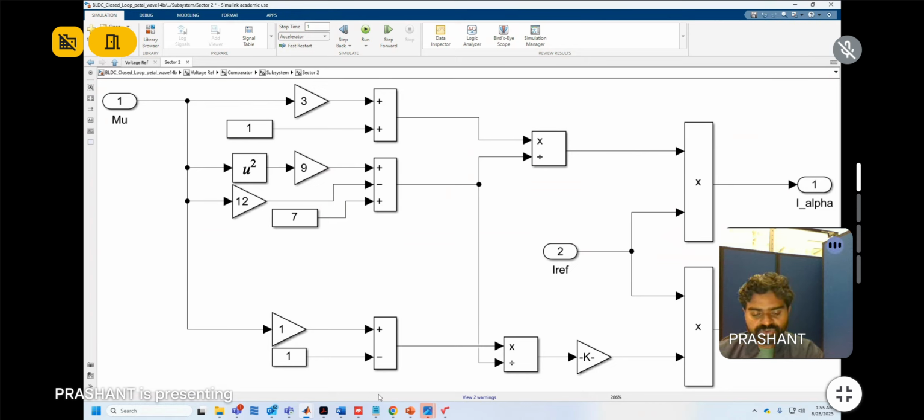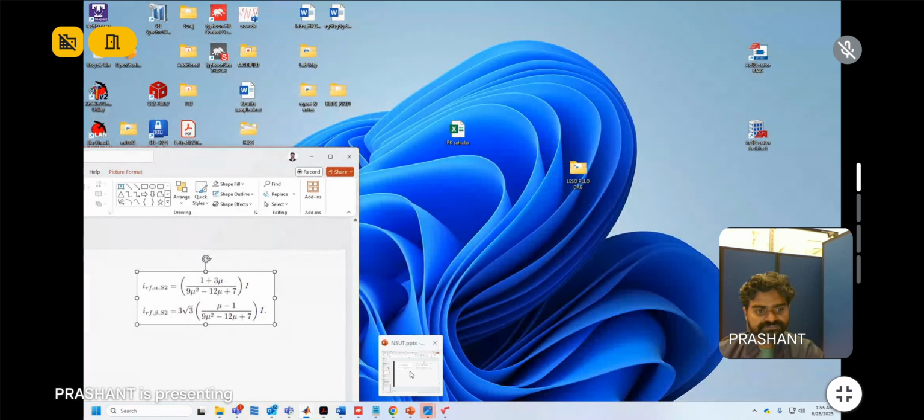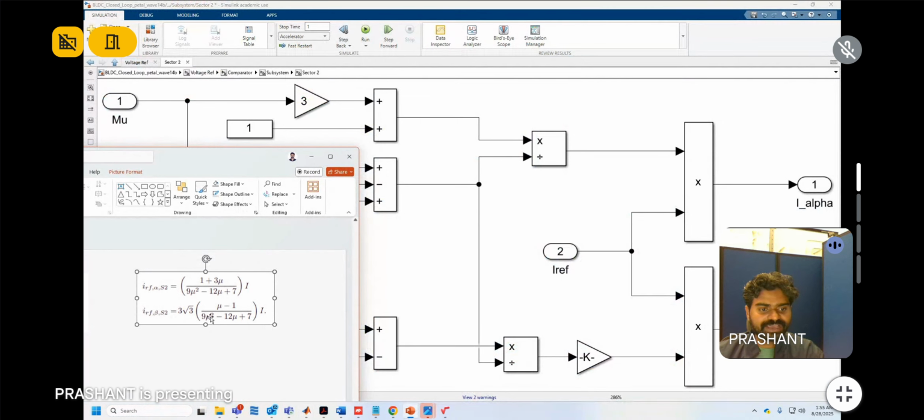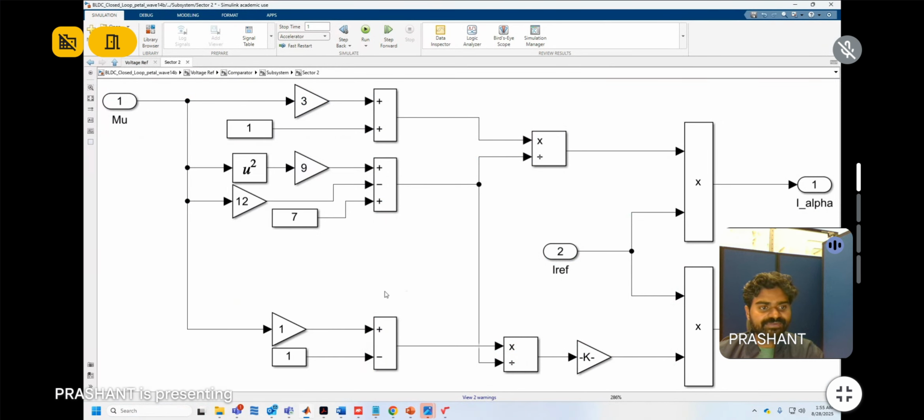Now coming to I beta, mu minus 1 is our target for the numerator. We have here mu. So mu multiplying with 1 is mu, subtracting by 1. So this one is the numerator part.